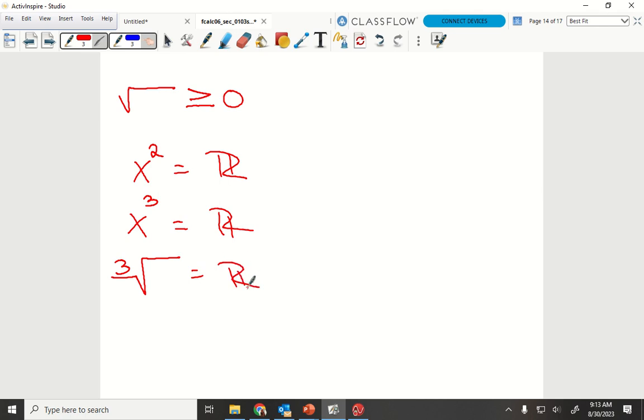Wait, so square root, why can't there be a negative square root? Because this says I need to have two of them, right? So technically, square root actually has a little 2 here.